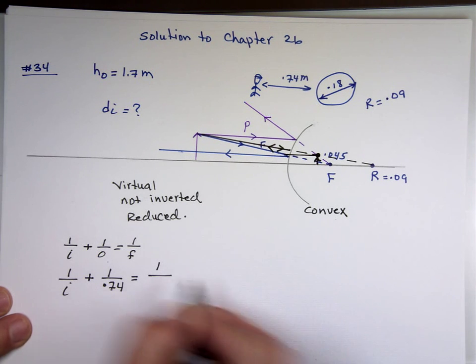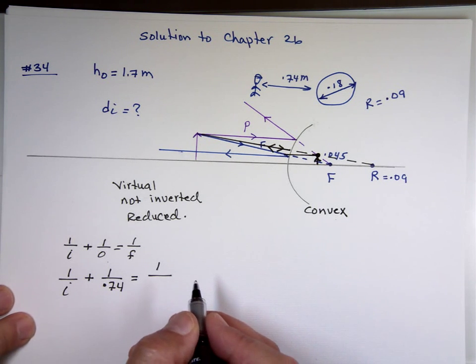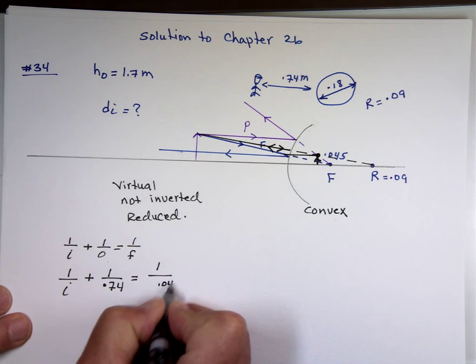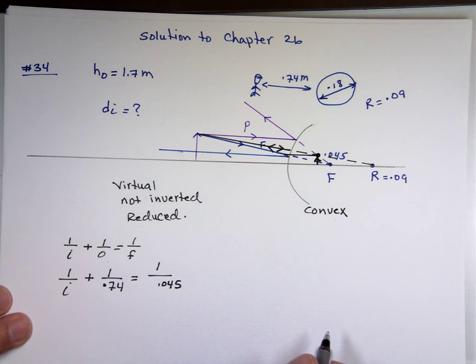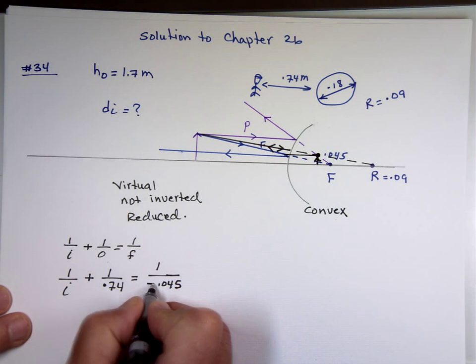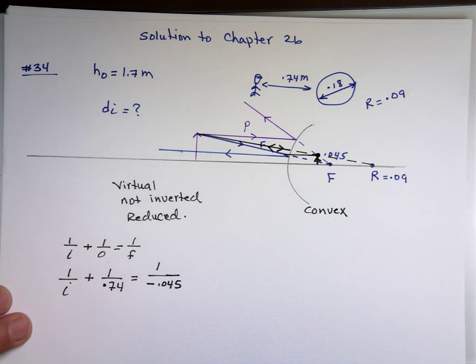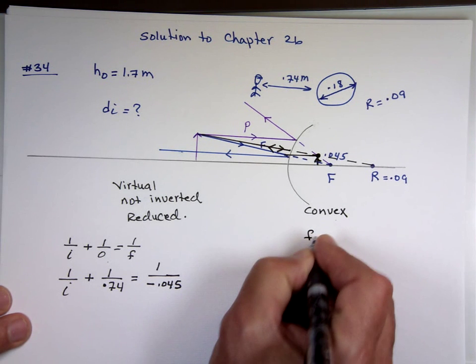What is F equal to? 0.045. Almost. Tyler almost had it. He's at 0.045. I said almost. What's wrong with that? How about a negative? Convex mirror. Yep. For convex, the focal point is negative.